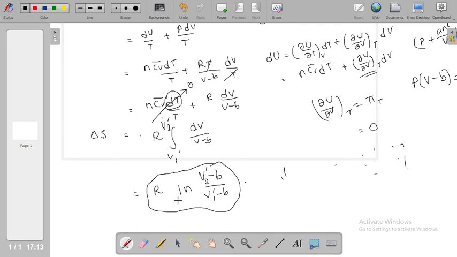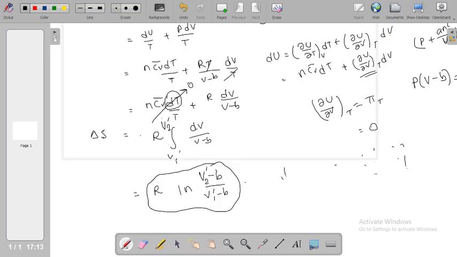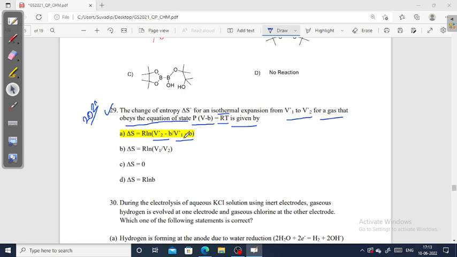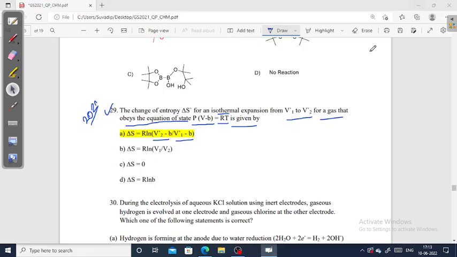Let's check the options: R ln of V2 prime minus B divided by V1 prime minus B. I think this is our option, so option A is the right answer for question number 29. Thank you so much.